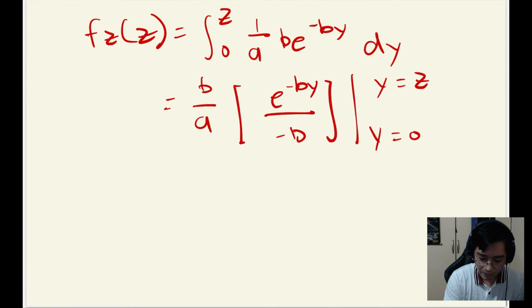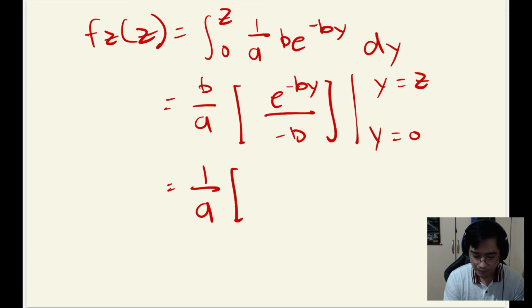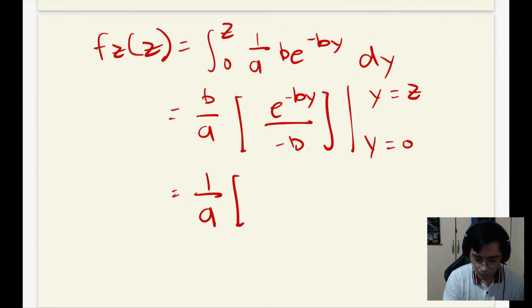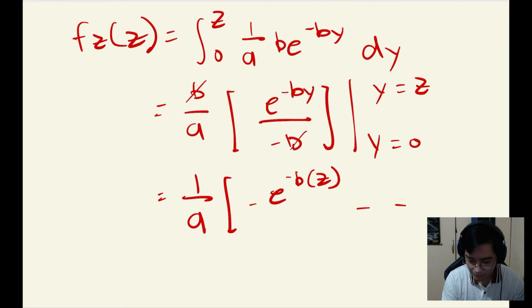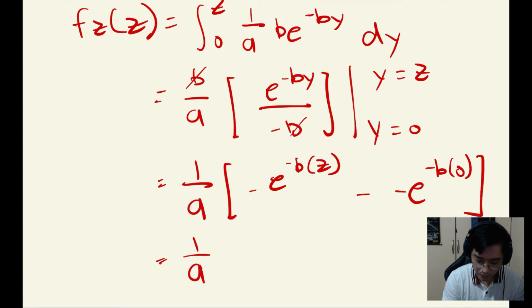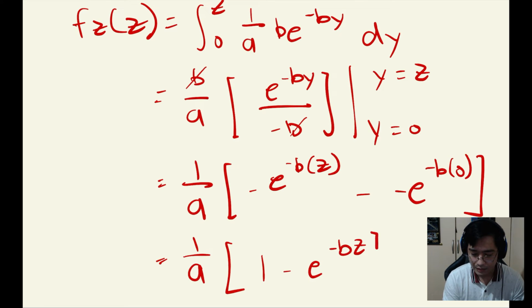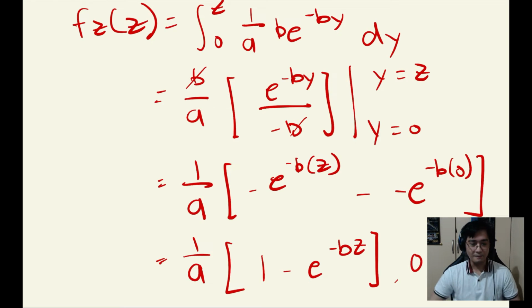So what we will get here is 1 over a times, because we cancel this, 1 over a times negative e to the negative b z, minus negative e to the negative b times 0. Or, to simplify this further, 1 over a times 1 minus e to the negative b z. This is the case wherein our z is from 0 to a.